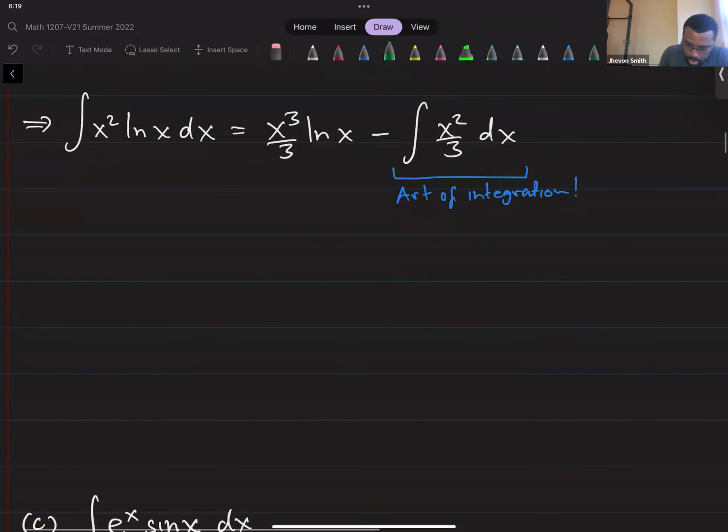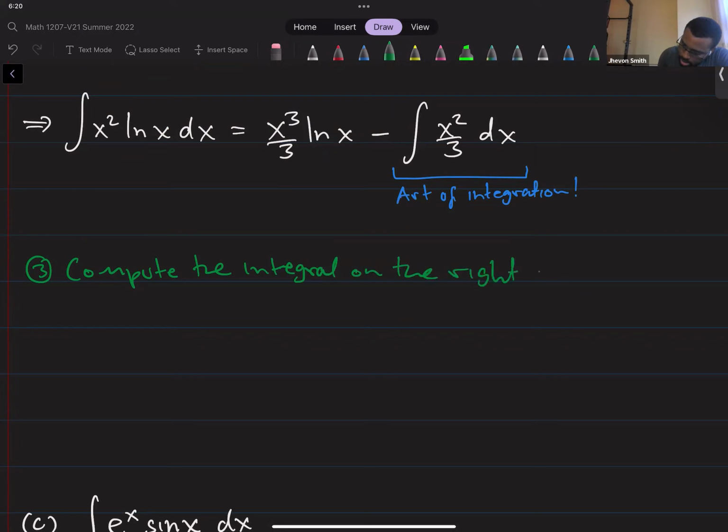So that's the 3rd step: compute the integral on the right using what we're calling the art of integration.